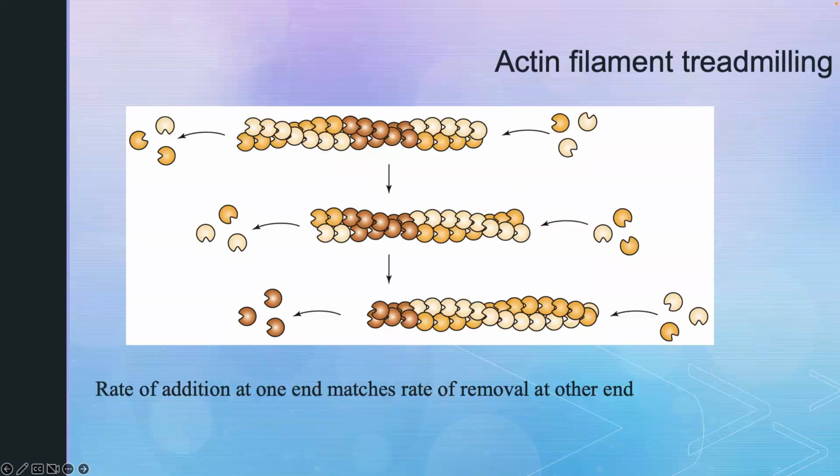You can also have something called actin filament treadmilling. This is when assembly at one end balances the dissociation at the other end. So there's no net change in length, it's just being recycled.